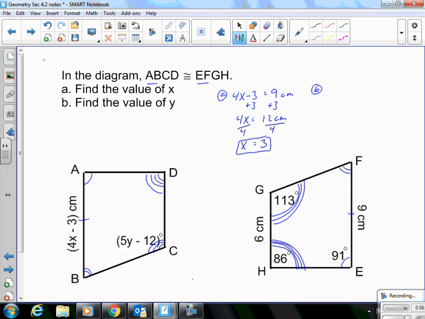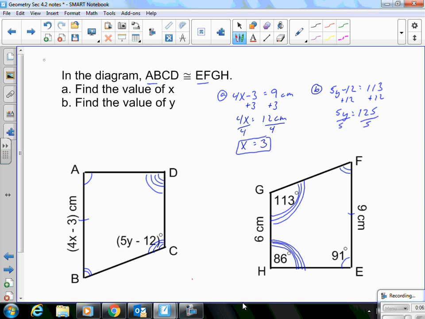And for B, we're finding the value of y, which is here at angle C, 5y minus 12. And C matches up with G, right? So 5y minus 12 is going to equal 113. Add 12 to both sides. 5y equals 125.